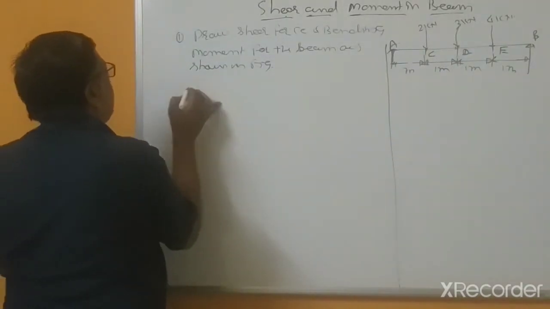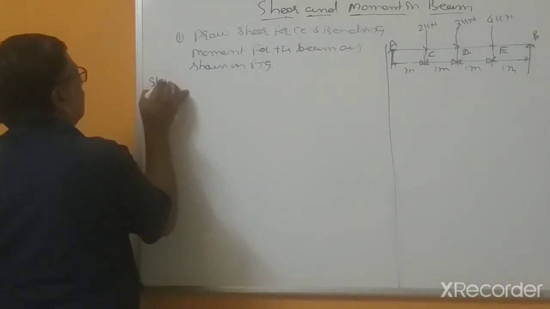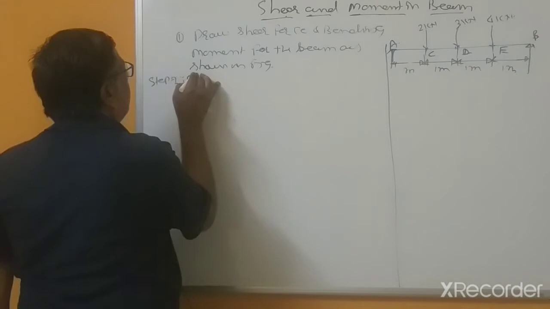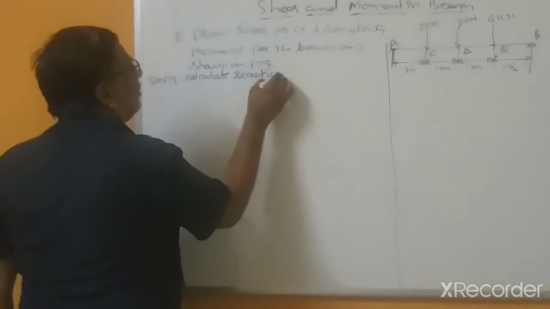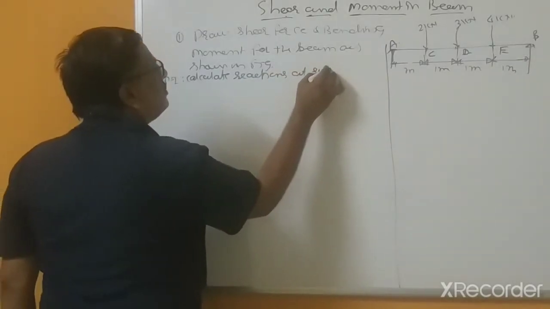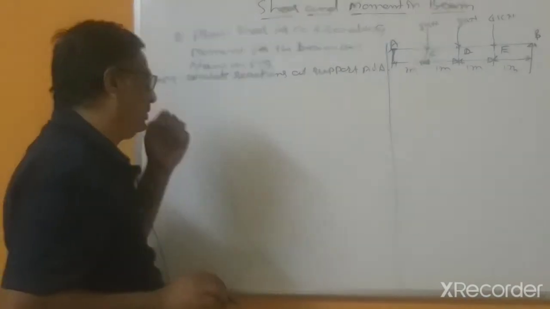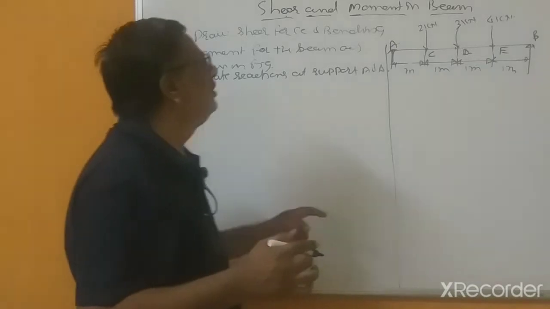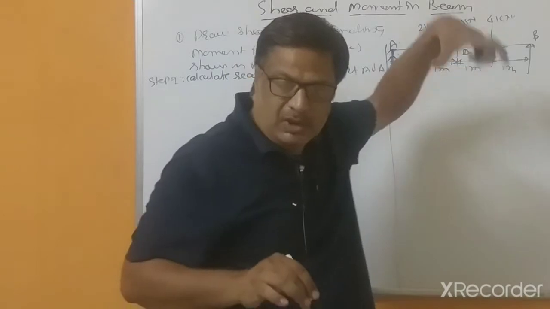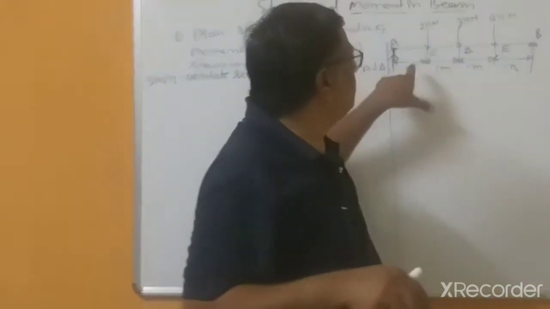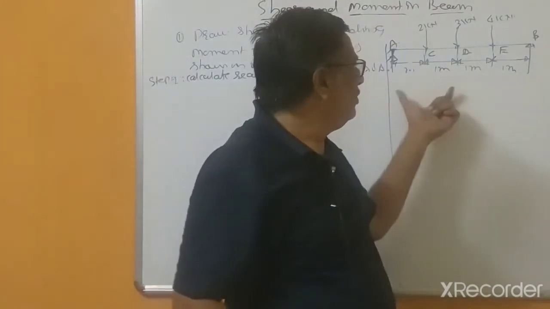So step first, calculate the reactions at supports A and B. This RA is upward, because all the three vertical loads come on the two supports, support A and support B. So the vertical loads are balanced by these two supports.